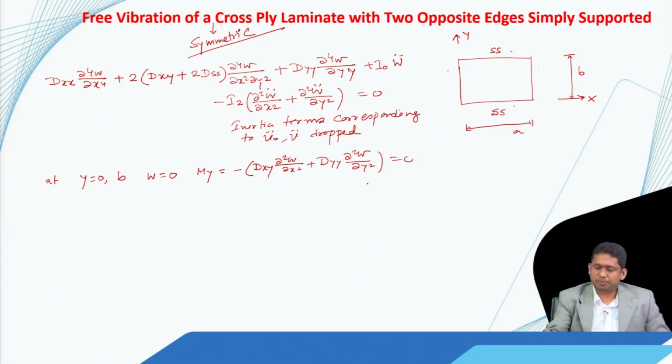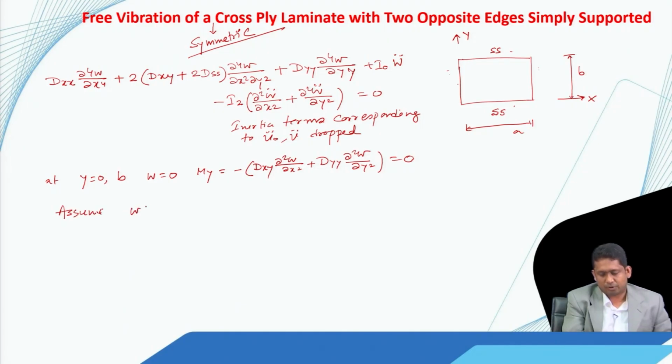And right now we don't know anything about x equal to 0 and x equal to a. Actually we know, but we are not going to apply that. So we will keep it free. That means right now it is free to take any boundary condition, and later on we will take the appropriate boundary condition.